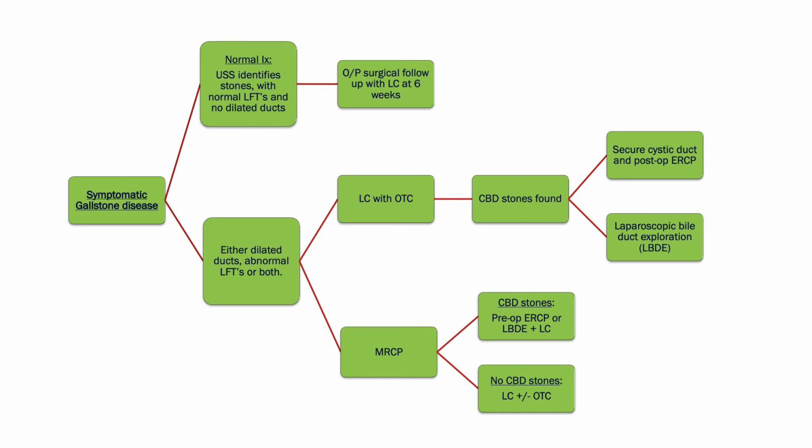However, having said that, most centres will probably do an MRCP beforehand. If they find stones on that MRCP, often they'll do a pre-op ERCP to remove the stone and then go on to do a lap chole. If there's no CBD stones, they can then just go straight onto a lap chole.